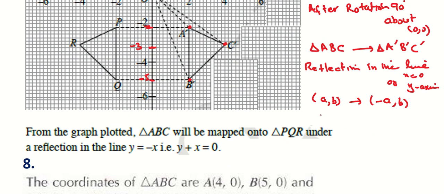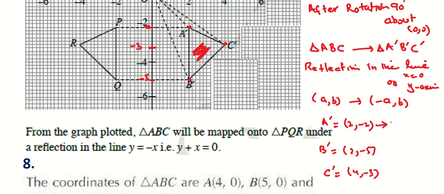Now we operate this reflection on the resulting triangle, which is A dash, B dash, C dash. These are the coordinates. The coordinates of A dash are (2, minus 2) and the coordinates of B dash are (2, minus 5) and the coordinates of C dash are (4, minus 3).